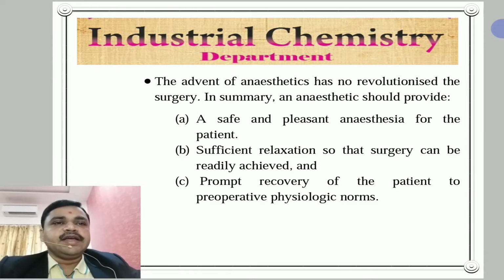In summary, an anesthetic should provide: A, a safe and pleasant anesthesia for the patient; B, sufficient relaxation so that surgery can be readily achieved; and C, prompt recovery of the patient to preoperative physiological norms.